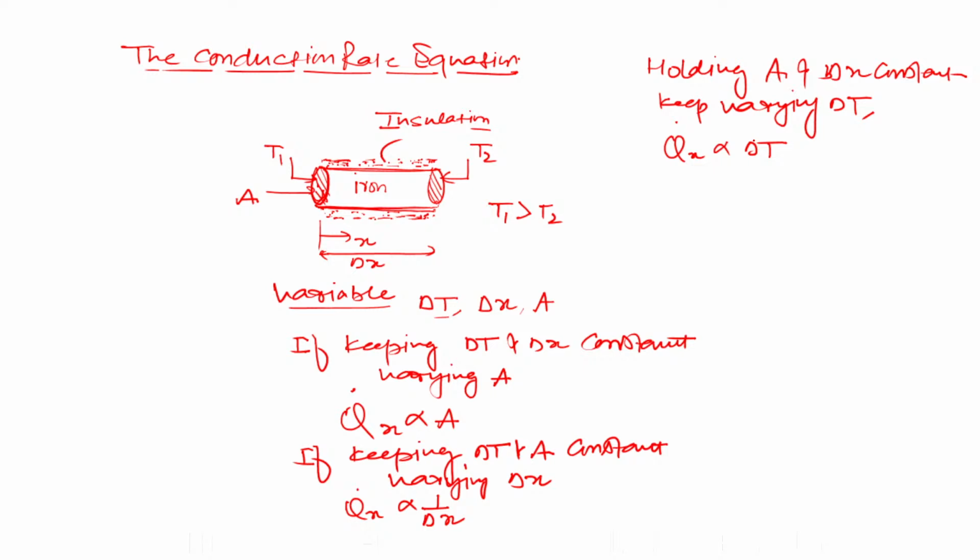So from these three phenomena, the collective effect I can write as: heat transfer rate is proportional to area into delta T upon delta X. Yes, sir.